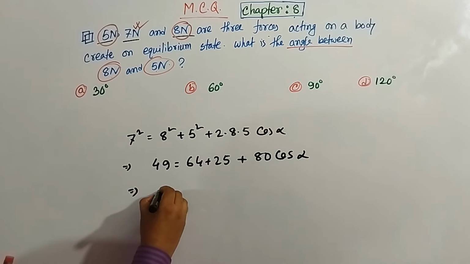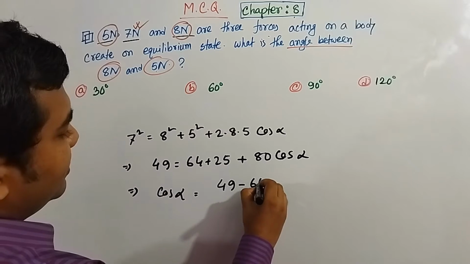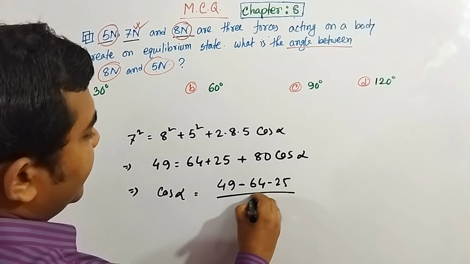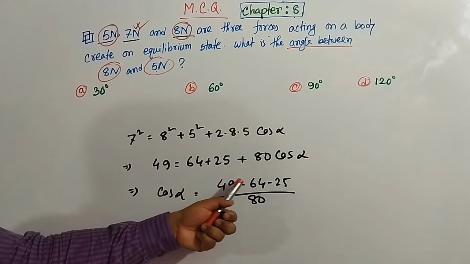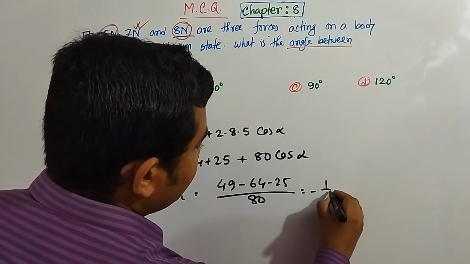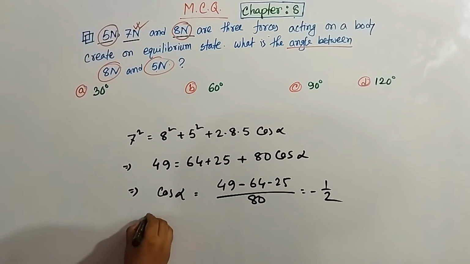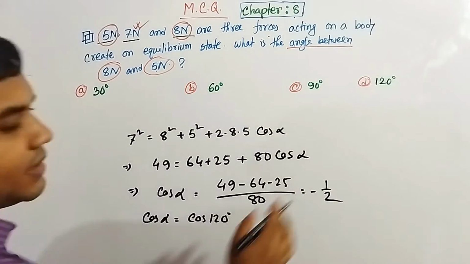So cos alpha equals 49 minus 64 minus 25 divided by 80. Because these two have a plus sign, they go across as minus, and 80 is the divisor. If we calculate this, we will get approximately minus half. And we all know that cos 120 is minus half.